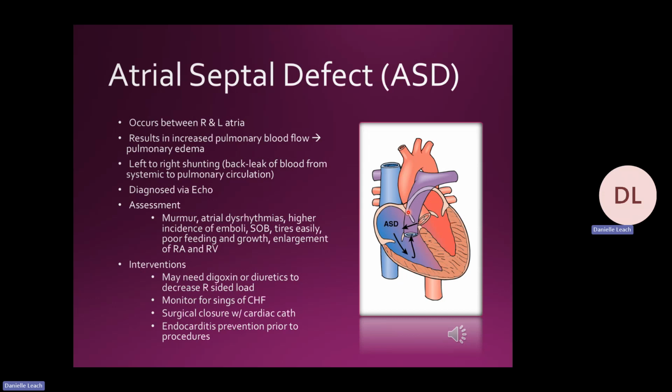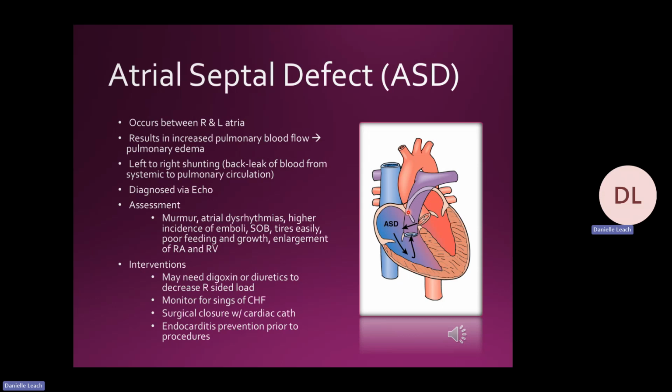As the person gets older, if this is unrepaired, they may be on some blood thinners. They may be short of breath. They may tire easily. They may be a poor feeder and have poor growth, and have enlargement of both the right atria and the right ventricle.